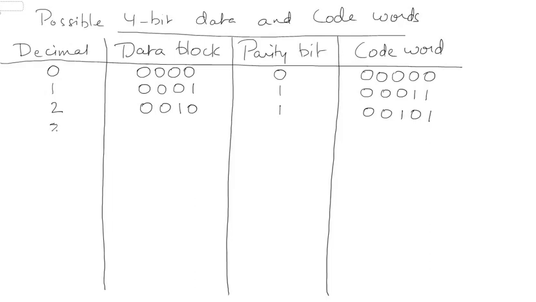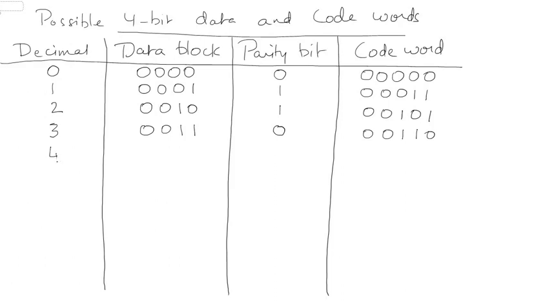Next, for the decimal number 3, the data in binary is 0, 0, 1, 1. Here even number of ones are there, so no need to add an extra 1 here. So the parity bit will be equal to 0. And the complete code word is 0, 0, 1, 1 and 0.